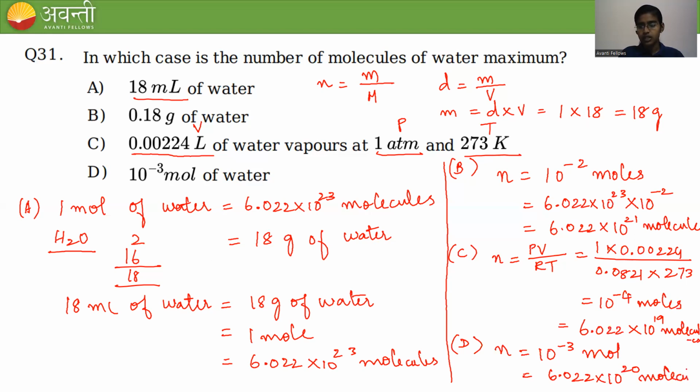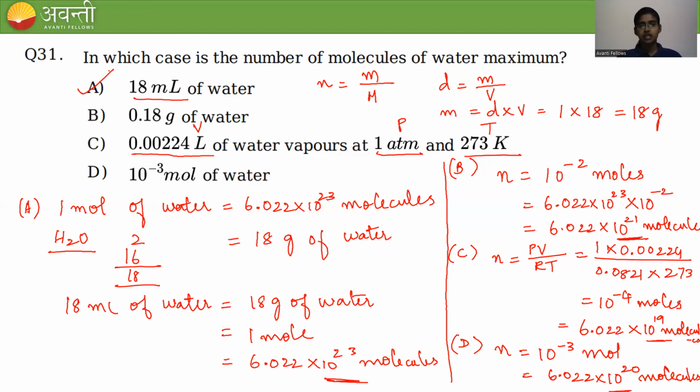So from the given 4 options, the option which contains the maximum number of molecules is option A, since it contains 10 power 23 molecules. Here it is 10 power 21, 19 here, and here it is 20. So the maximum number of molecules is present in option A. That is the correct answer.